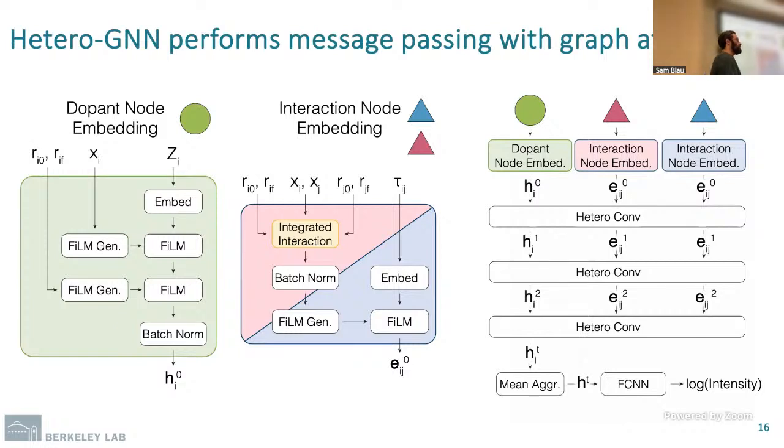So this is some machine learning magic machinery that actually makes a big difference. And then for our interaction nodes, we have our dopant elements, as well as that integrated interaction term, that all get mixed together. So you've got dopant node embeddings and interaction node embeddings, and those all go into the convolutions of your graph attention message passing.